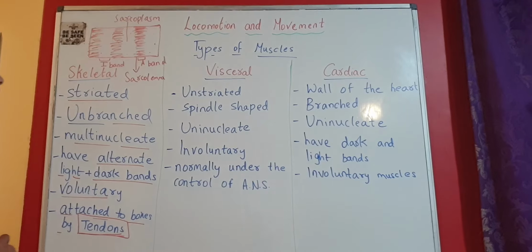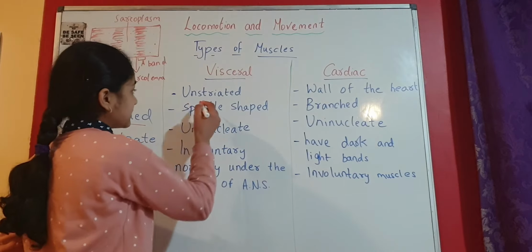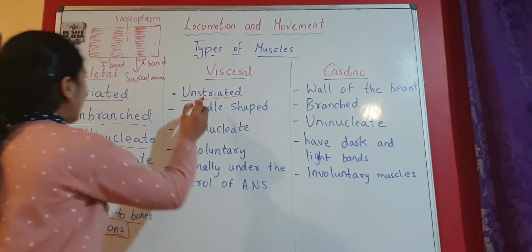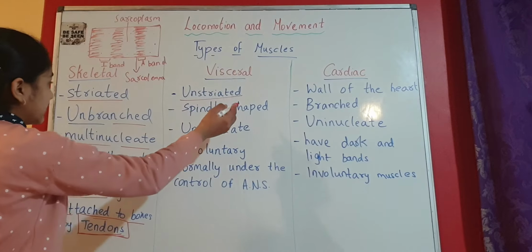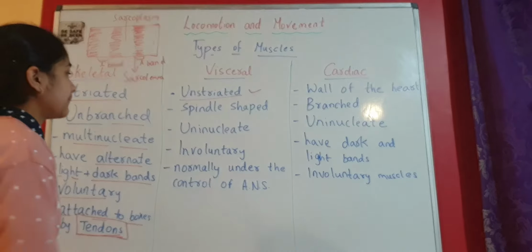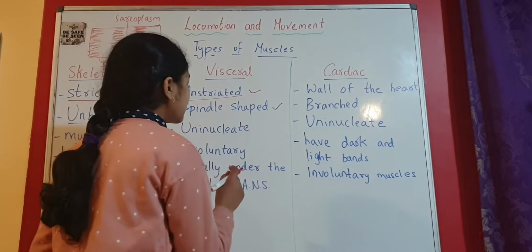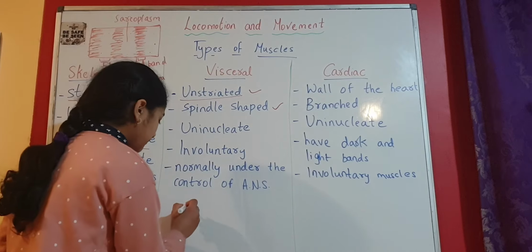So the next type of muscle is called visceral muscles. These muscles are unstriated. That means unlike the skeletal muscles, they don't have any striations like I band, A band. Next, they are spindle shaped. Spindle shaped means like a fusiform.